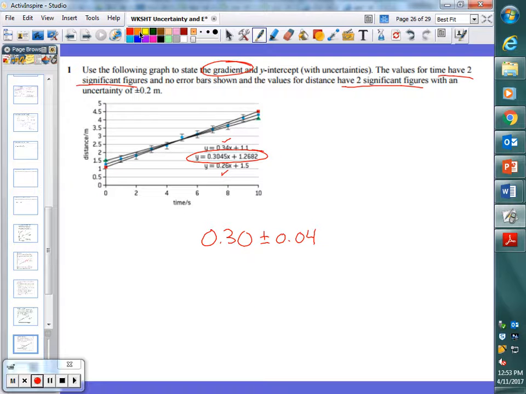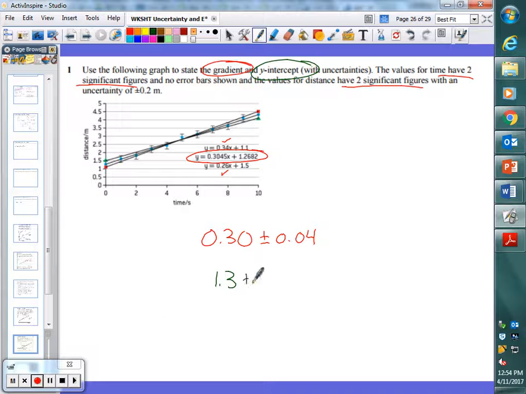And then, as far as the y-intercept goes, again, this is our accepted or our best value. 2 sig digs would take us to 1.3, right?